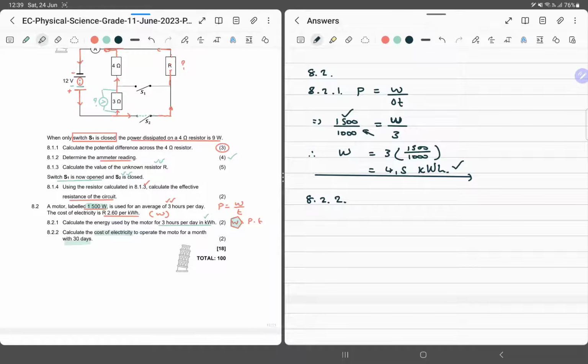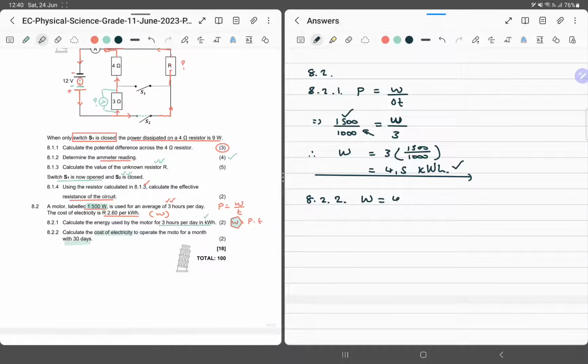All right. So basically we know the energy per day. Okay, because in one day we only operate 3 hours. So that is 4.5 kilowatt times hour. But now we need to know how much energy we dissipate per month. So we will know that the energy here for the month is going to be the energy that we get in one day.